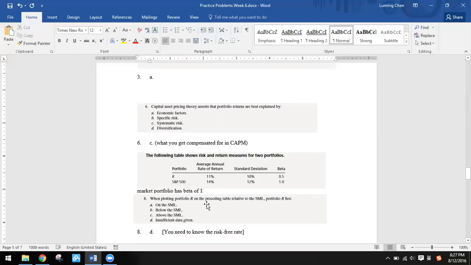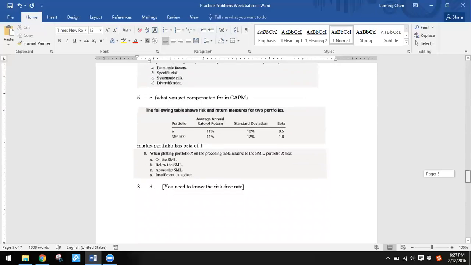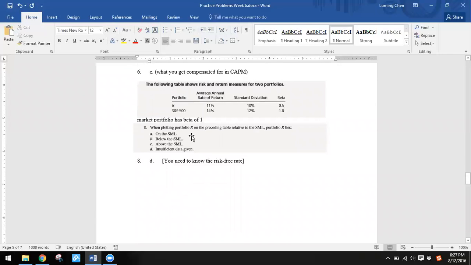So when plotting portfolio R on the preceding table relative to the SML, portfolio R lies on the SML, below the SML, above the SML, or insufficient data given.